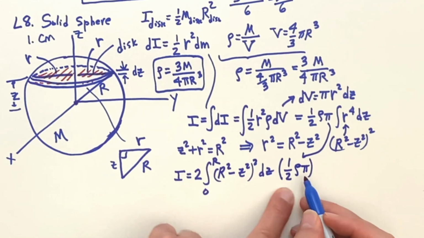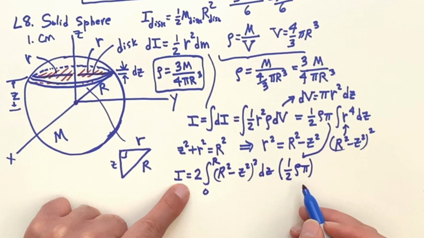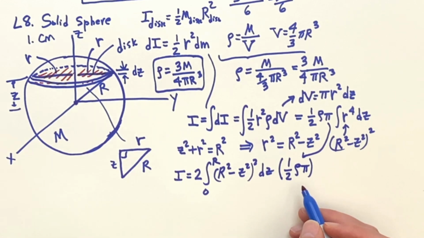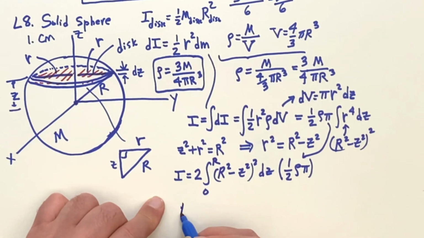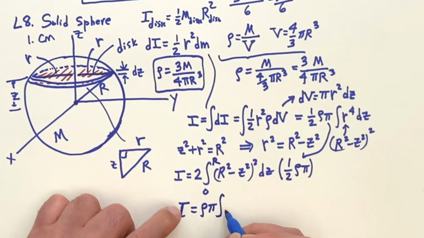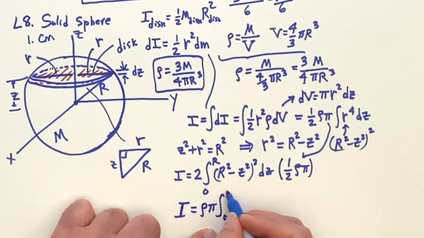Now I like to bring that to the left-hand side. That's what we usually do. And when we do that, we see that the 2 will cancel the 1/2. And what we'll have over here is simply the rho times the pi. And then I got to square this inside.